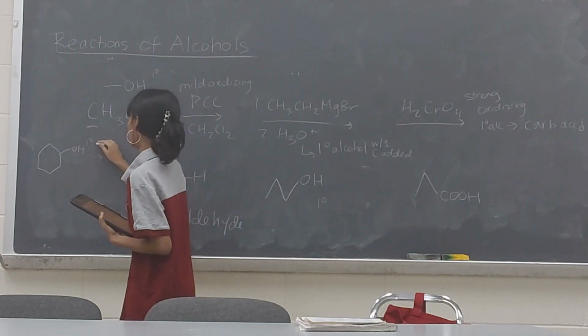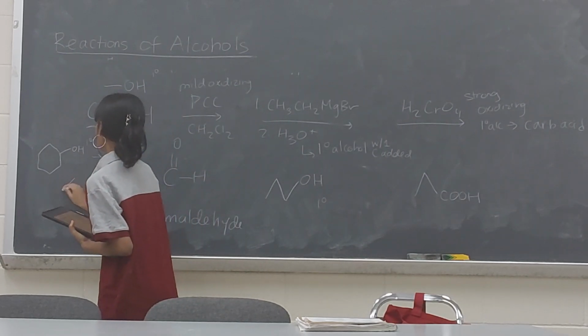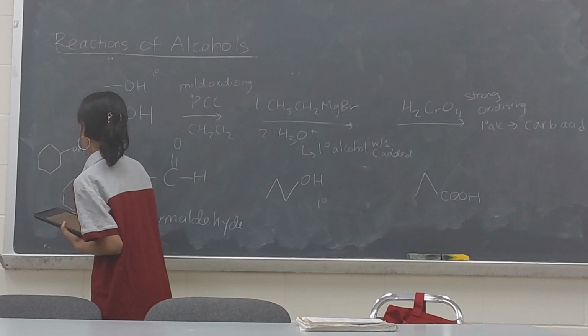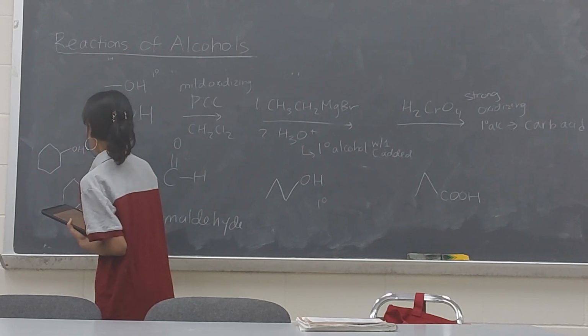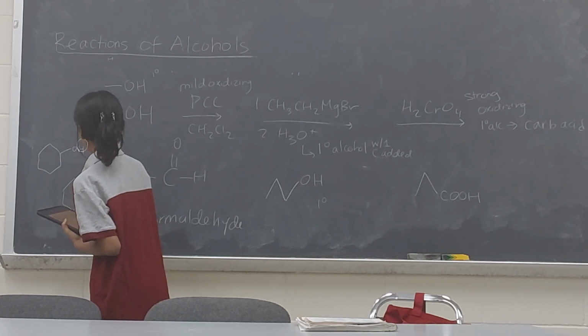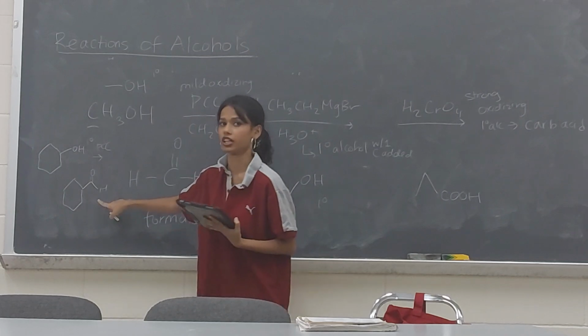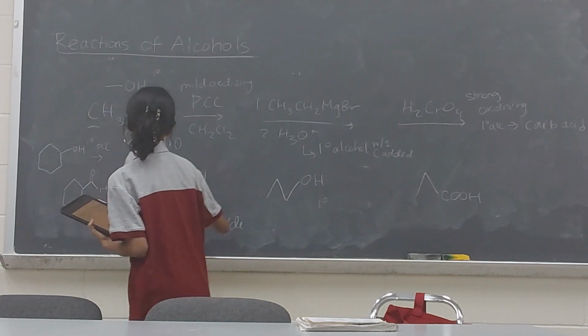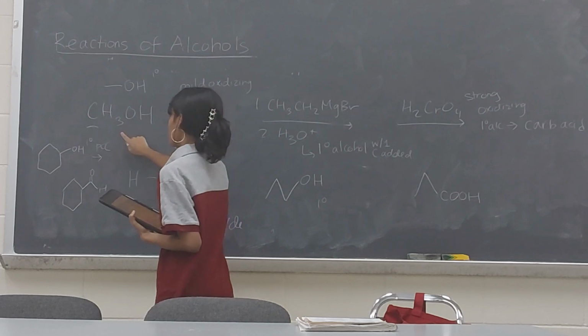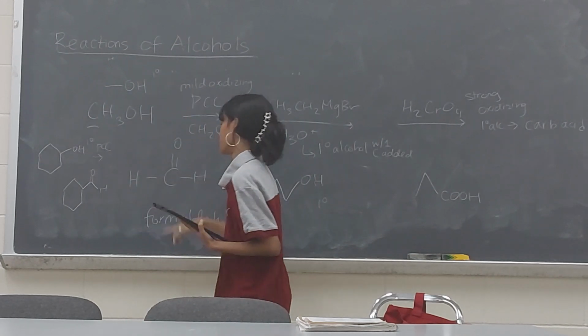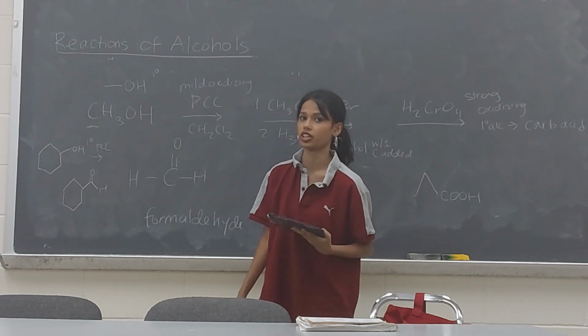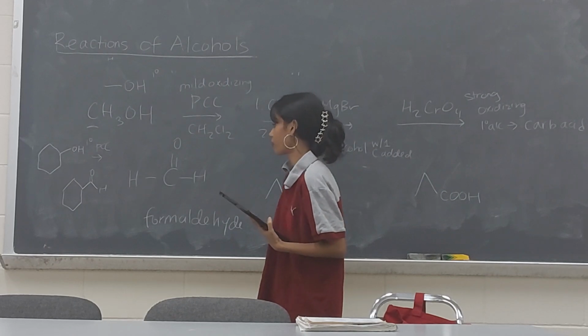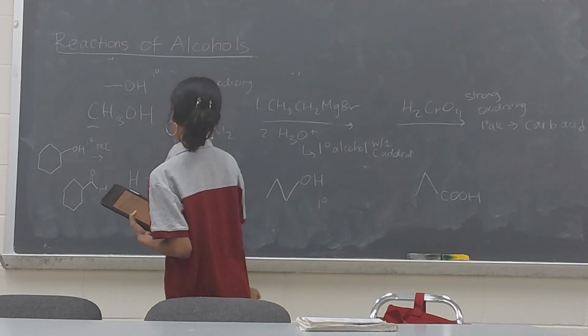With PCC, it would turn into this. You would keep the number of carbons the same and make it into an aldehyde. But for this, since there's only one carbon, it's specifically formaldehyde, which only has one carbon. Thank you.